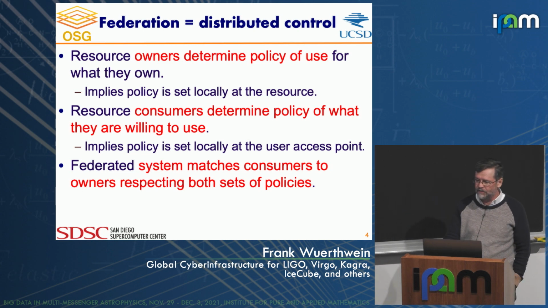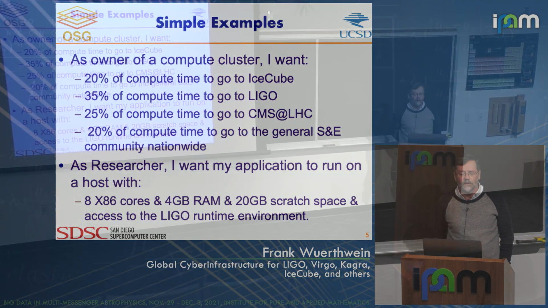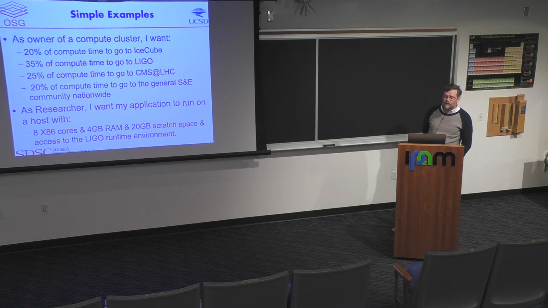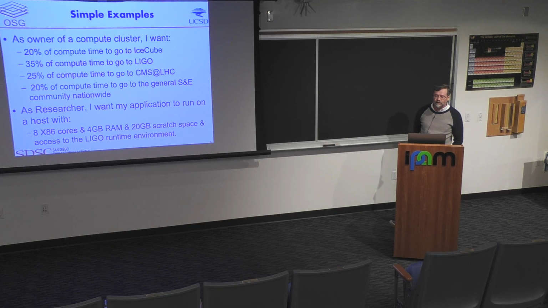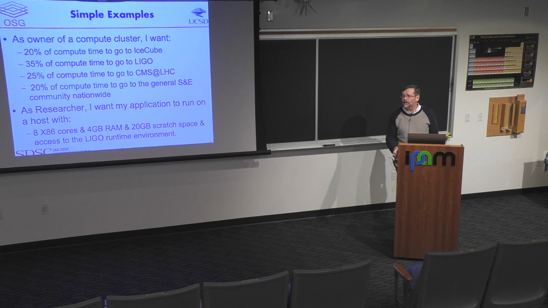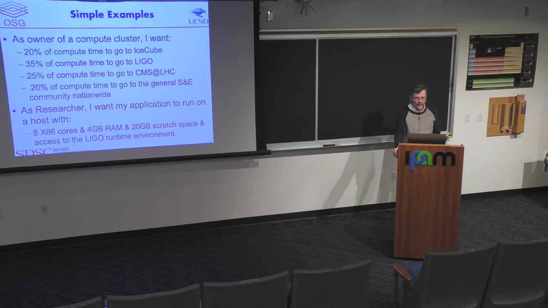That's basically the principle. A simple example, if I own a compute cluster, I may want to give 20% of my compute time to IceCube, 35% to LIGO, 25% to CMS, and 20% to anybody who's running around in the national science and engineering community, and is accredited with some institution.